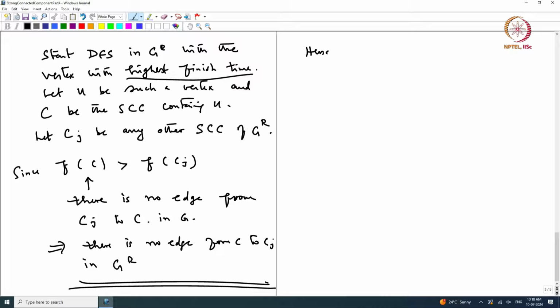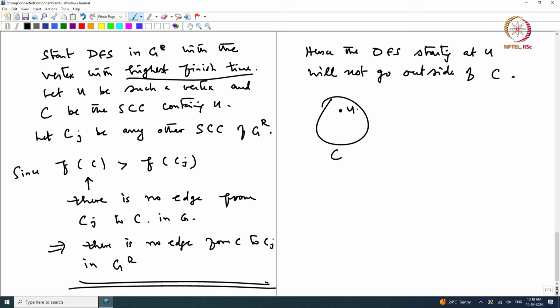Hence, the DFS starting at U will not go outside of C. This is C, this is the vertex with the highest finish time. There is no edge from C to any other component. So, from U when you start, you cover all the reachable vertices.